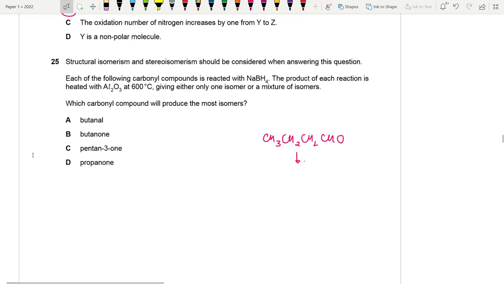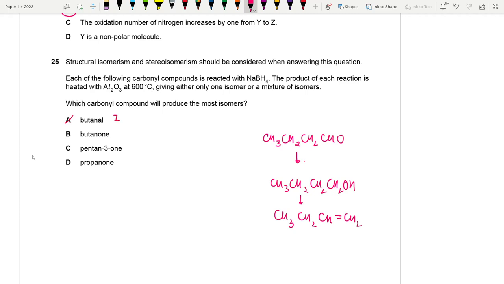This is reduced to form CH3CH2CH2CH2OH, right? Now this is dehydrated to form CH3CH2CH=CH2. This only has one isomer, no cis-trans, only one isomer, so it can't be A.